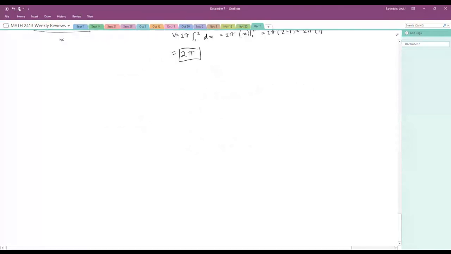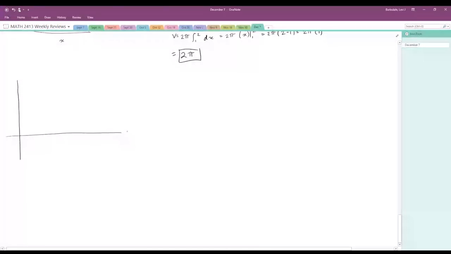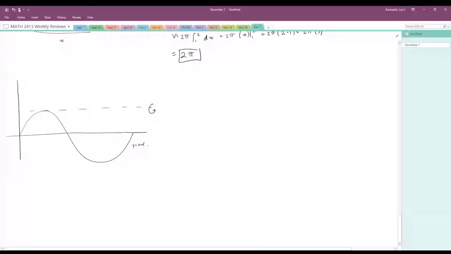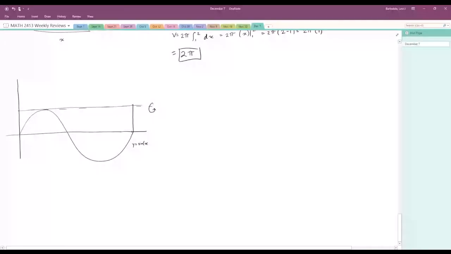Now I do have time for one more practice problem, so I'll go ahead and give it to you. Again, I'll go ahead and sketch it out for you first. So in this case, here's a curve, and this is going to be your axis of revolution. This curve is y equals sine of x, and coincidentally, I also want this to be the bound. So 2 pi.